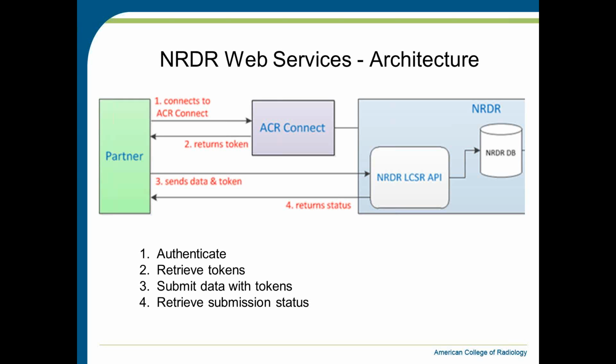Then you send the data along with the token to the NRDR Web Services. Once we receive the data, in the test environment, we process data in 15-minute intervals. So you will have to use our method to retrieve the submission statuses and figure out whether the submission actually went through and passed all the validations.